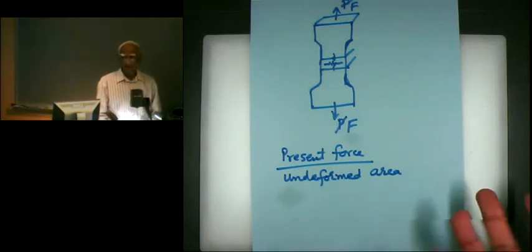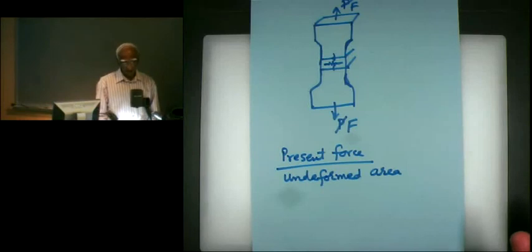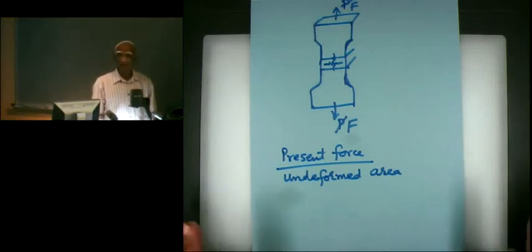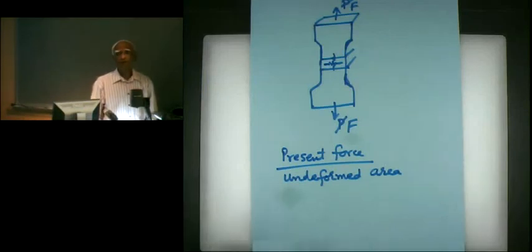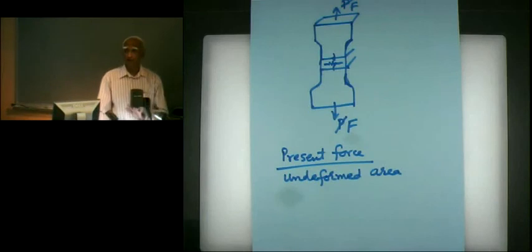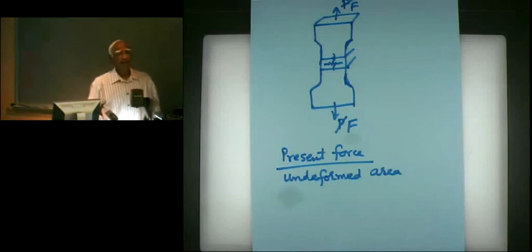There is no such thing as undeformed area, and there is no such thing as force over area, because we don't know how to divide a vector by a vector. That's why writing force over area is not correct. So we are loosely writing this, okay? So undeformed area, I should really write surface area in the undeformed state, or undeformed configuration, or reference configuration.